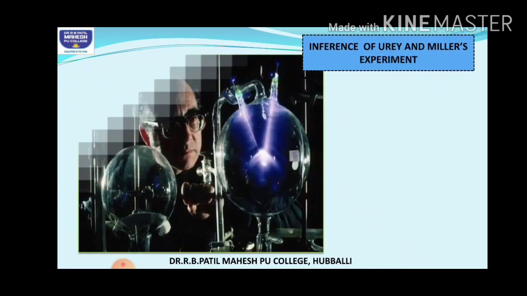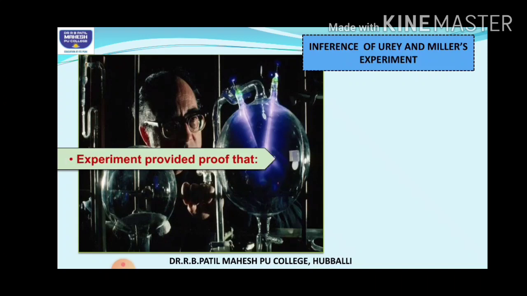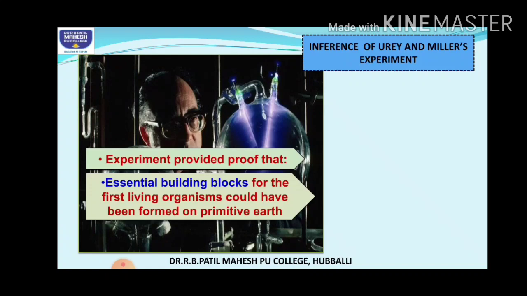So students, what was the inference of this experiment? It provided a vital proof that organic compounds, which are the essential building materials of life, are obtained from the simple chemicals themselves which were present in the primitive atmosphere, right? They used simple chemicals like methane, ammonia and hydrogen, and by those chemicals they could get amino acids and sugars.